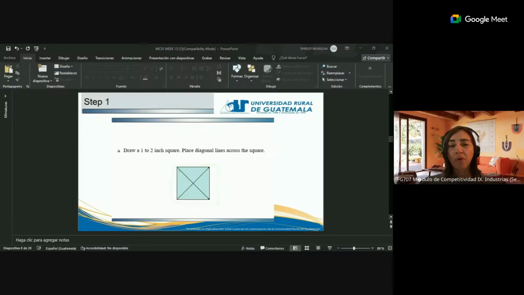And the second part is just to draw a diagonal, like an X, in the center of our square. So please do that. Draw a square and then just place diagonal lines across the square. Just draw an X in the center of your square.